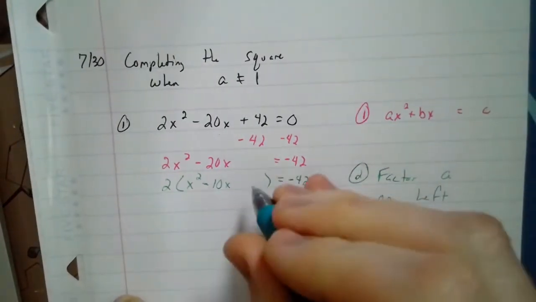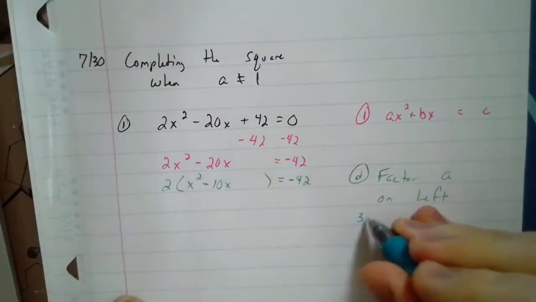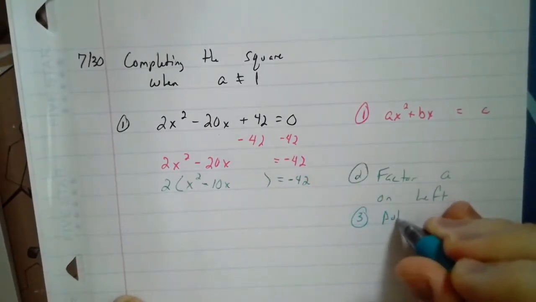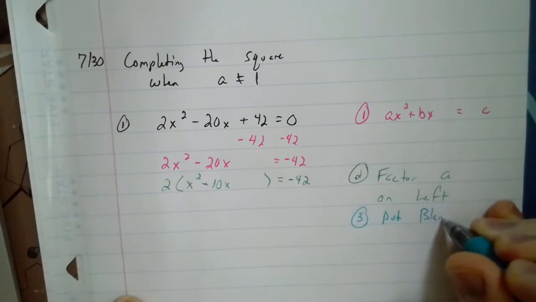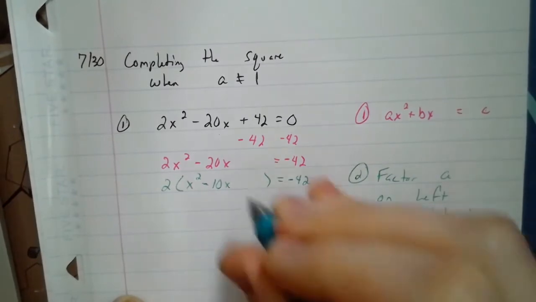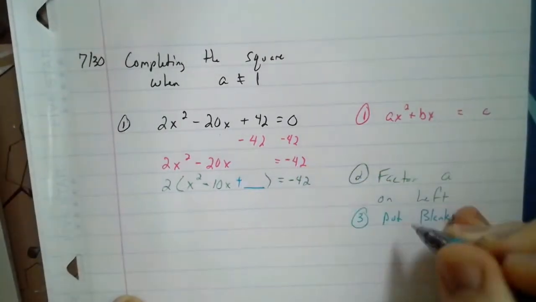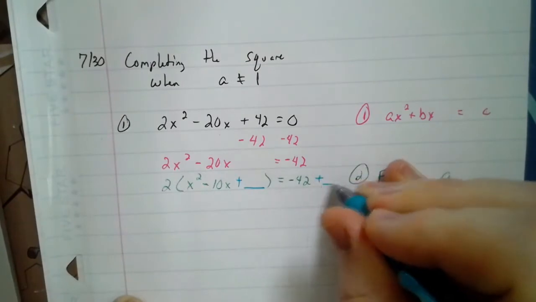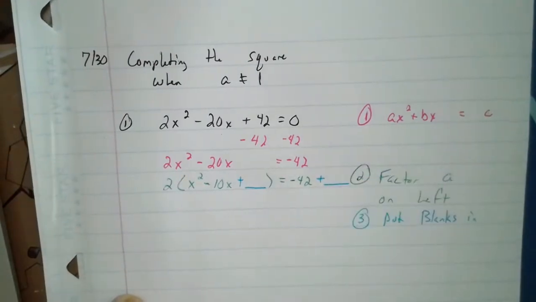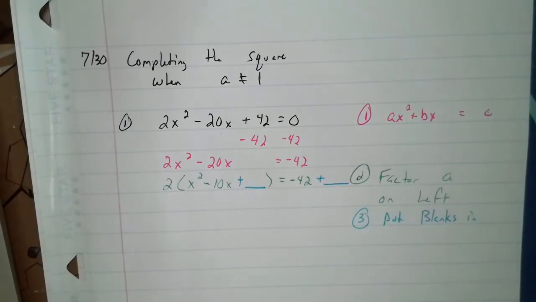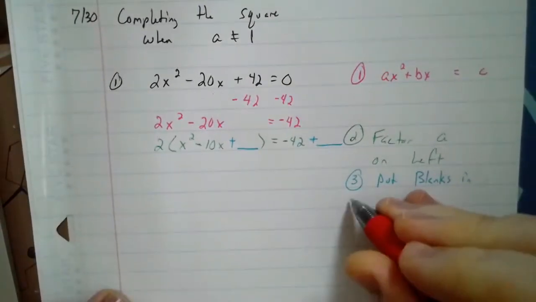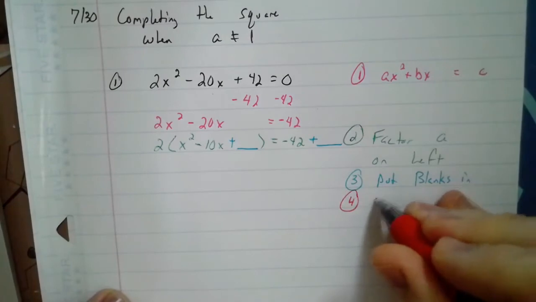Now what we're going to do is add in our blanks, right? So we put our blanks in. So plus blank, plus blank, okay? Now to fill in the blank, we know how to do that. That's going to be our complete the square step. So here we're going to actually complete the square.